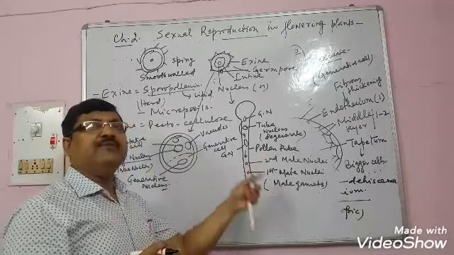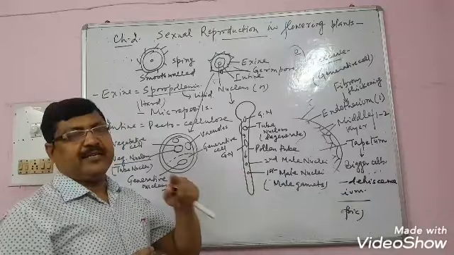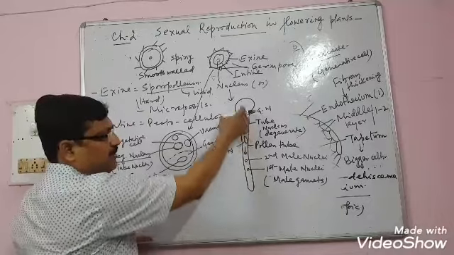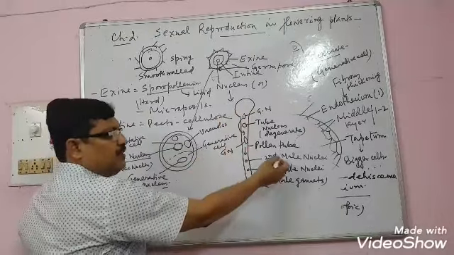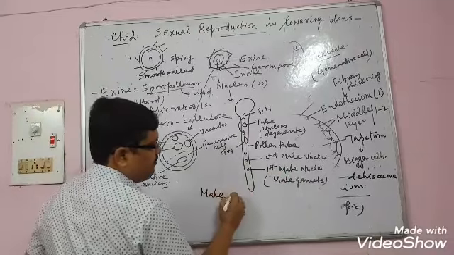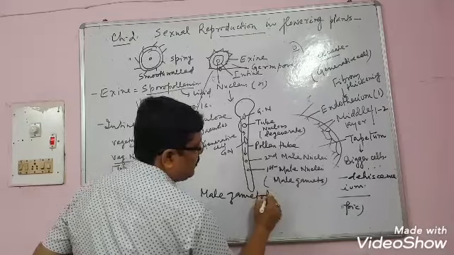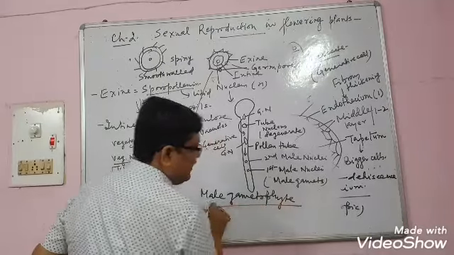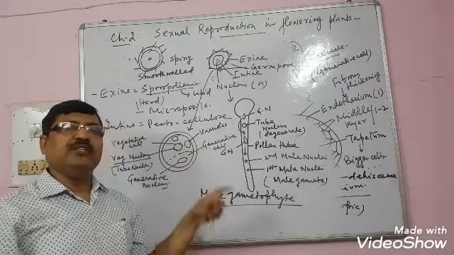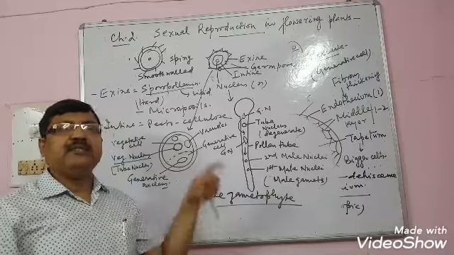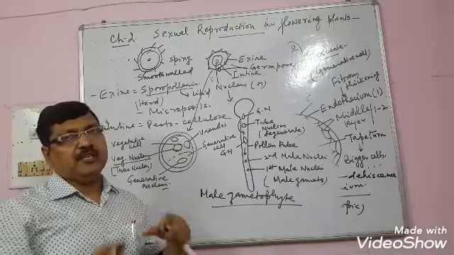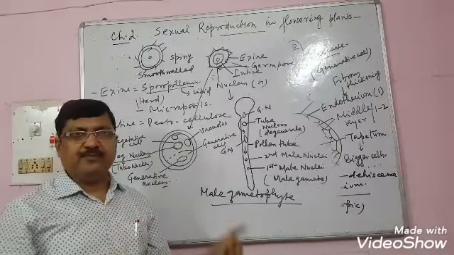These facts we will discuss in the second or third part, and this complete structure, means two male nuclei with pollen tube, is also called as male gametophyte, and the formation of microspores within the microsporangium by the meiotic division of the sporogenous cell or PMC cell is called as microsporogenesis. That's all.